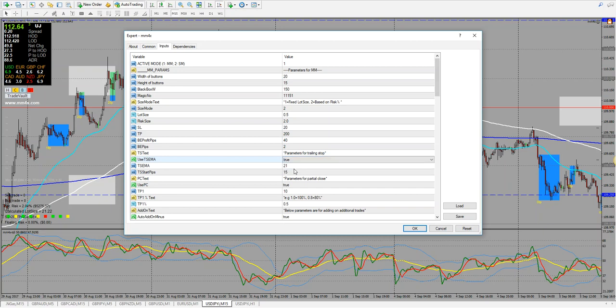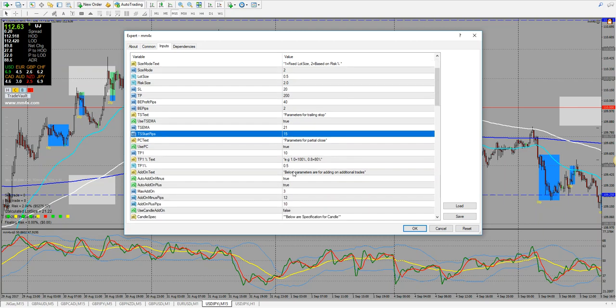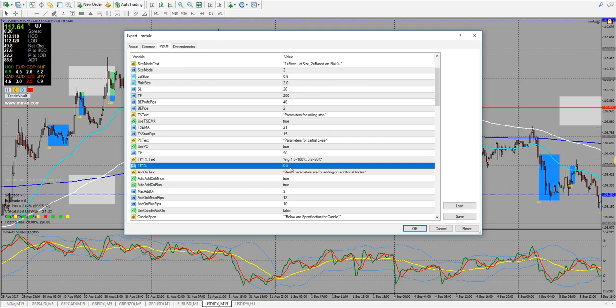You can say, once I'm 15 pips in profit, for example, let's start doing that trailing stop. And at 10 pips or at 50 pips, take 50% off the table and let the other 50% run.